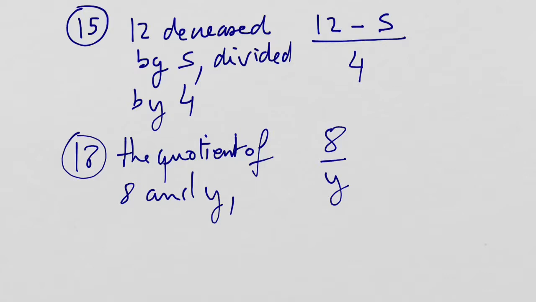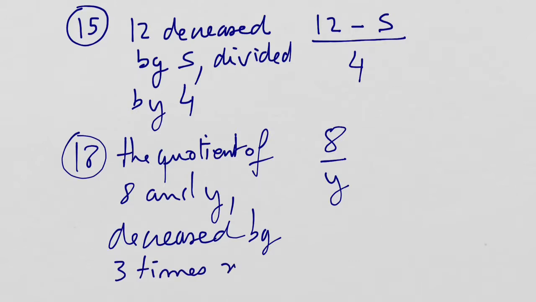And then they are telling you decreased by 3 times x. Decreased means minus 3 times x. I hope you understand much better now how you are able to distinguish if you divide by everything or just one of the variables or numbers.